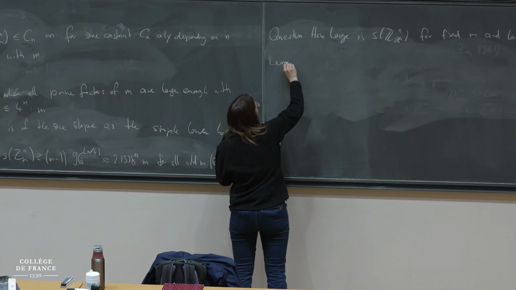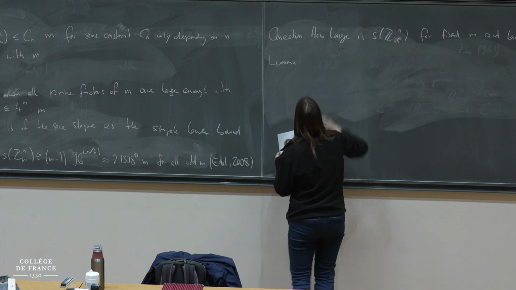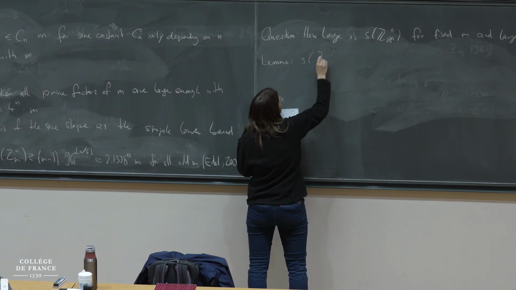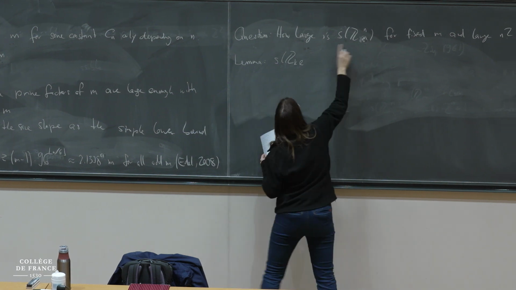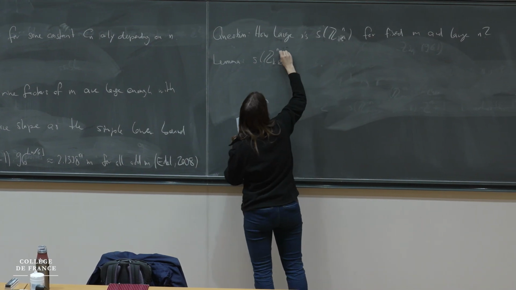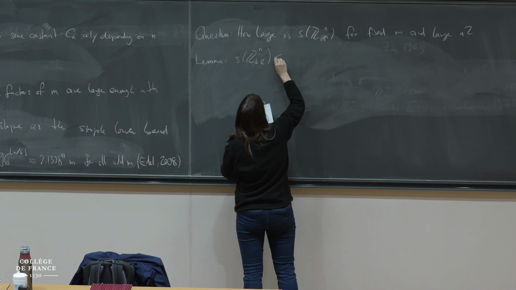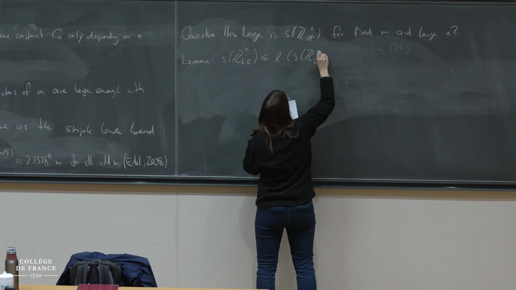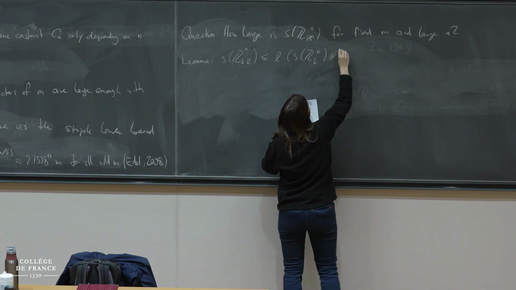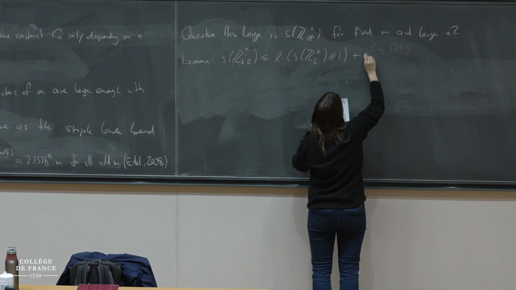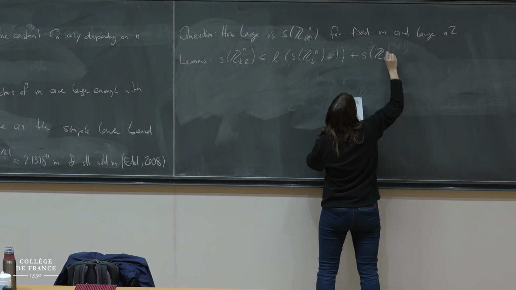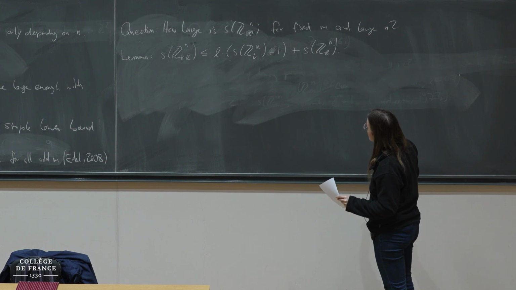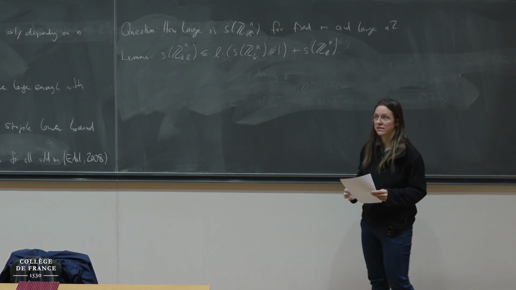So here's a lemma. The lemma doesn't directly address the question, but reduces the question to the case that M is a prime. The lemma is that if M is a product of two numbers K and L, then S of KL to the N is at most L times S of Z_K to the N minus 1 plus S of Z_L to the N. That's valid for any K, L, N, so there are no particular assumptions here.